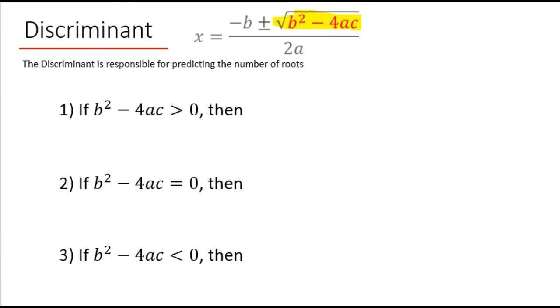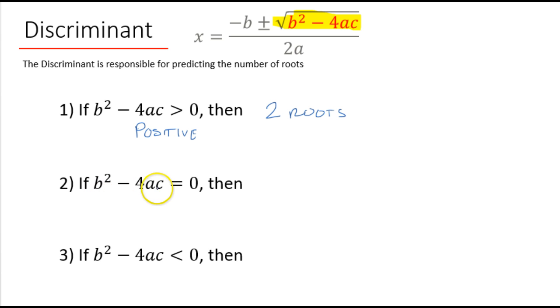If we were to analyze 3 different cases, we get our first case. It says if b squared minus 4ac is greater than 0, and greater than 0 just means positive, then we're going to get 2 roots, or 2 real roots.